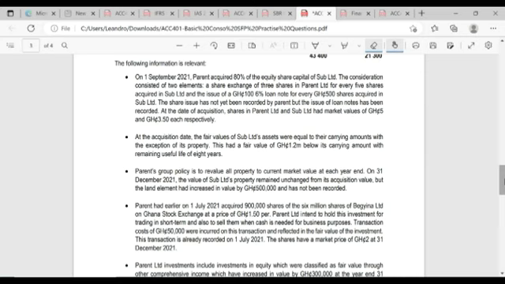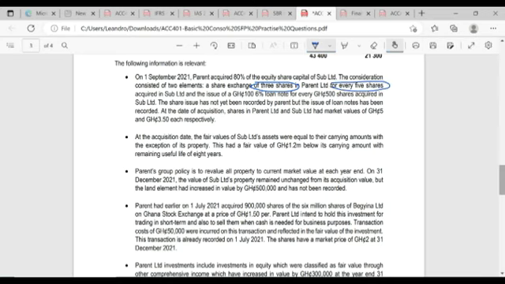On 1st September 2021, Parent acquired 80% of the equity share capital of SAB Limited. The consideration consists of two elements. A share exchange of 3 shares in Parent for every 5 shares.